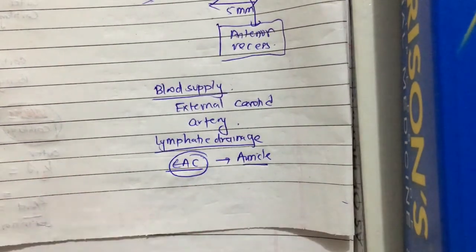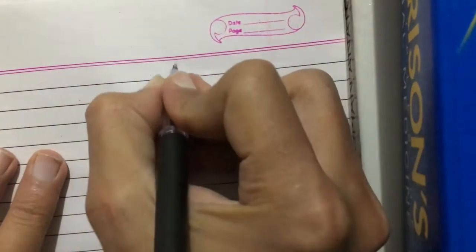We have already discussed the lymphatic drainage of the auricle in the video of auricle. So the lymphatic drainage is the same as that of the auricle. Now, nerve supply.